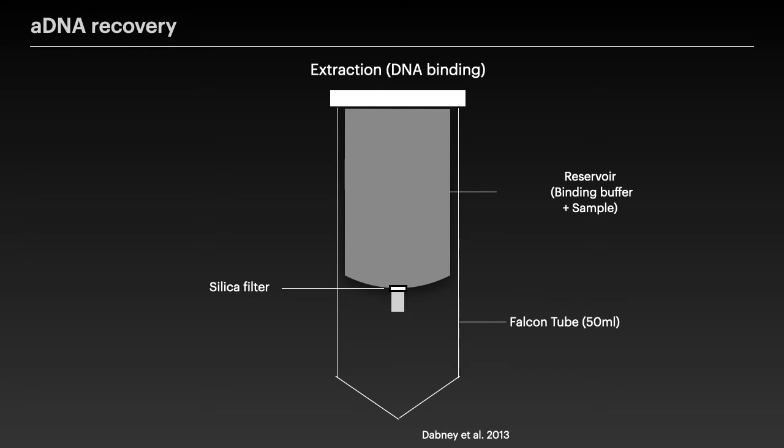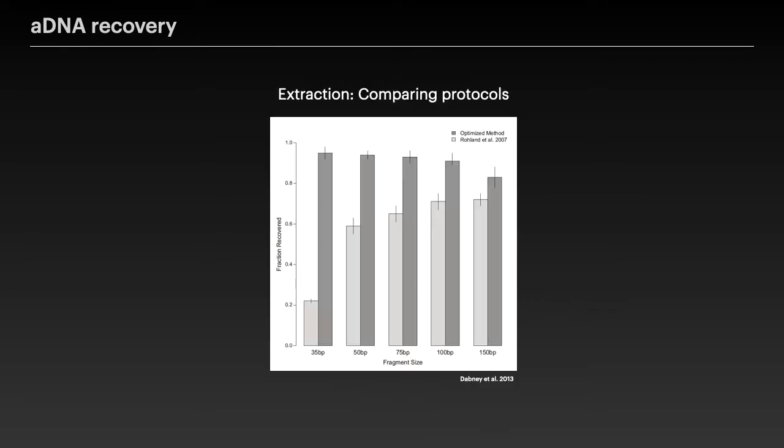So how did the method proposed by Dabney perform compared to the other one? In an initial test they did with artificial DNA fragments of variable size, they saw a clear pattern.